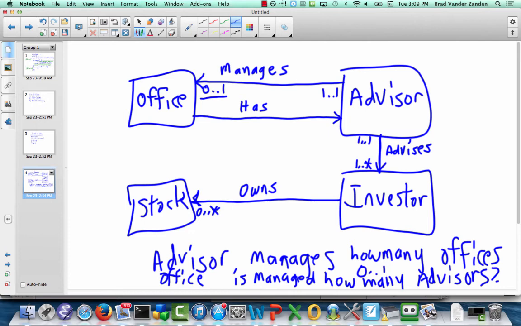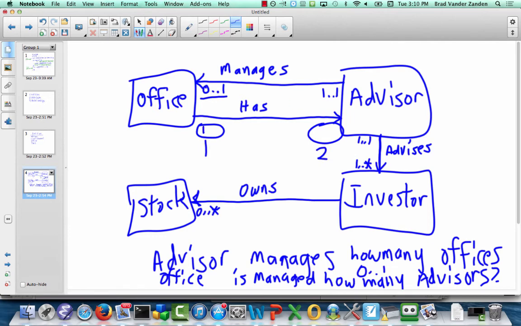But it goes on, and an office to which the advisor belongs. That again should be ding, ding, ding, office. What is the relationship? What can we fill in? It's this relationship here, but can I fill in this side of it or this side? 1 or 2? 1.